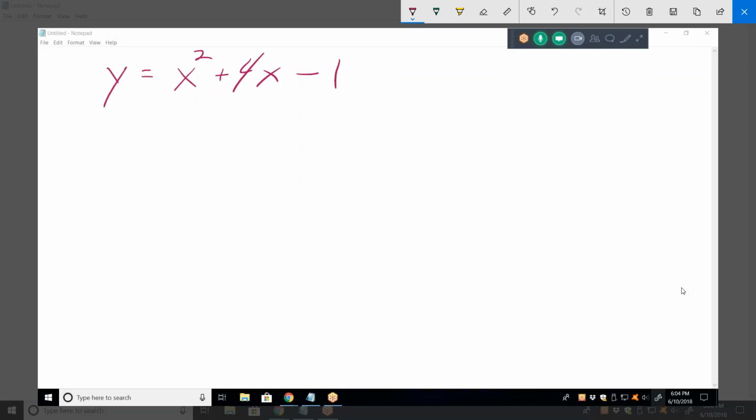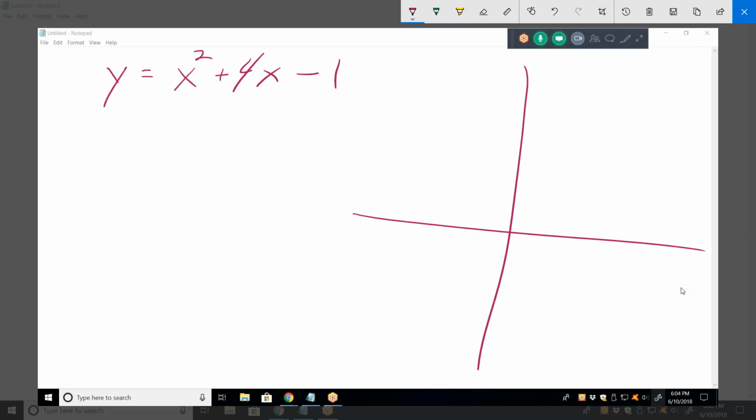All right. So, a couple of ways we can go here. We can get the x and y coordinate of the vertex, and then we can just figure out the x-intercepts, maybe the y-intercepts, and that'll give us our 5 points.